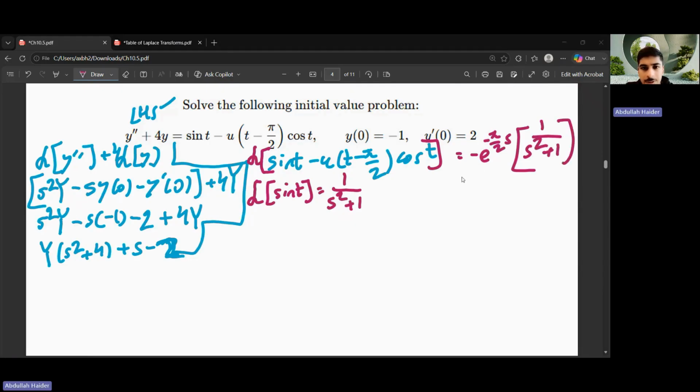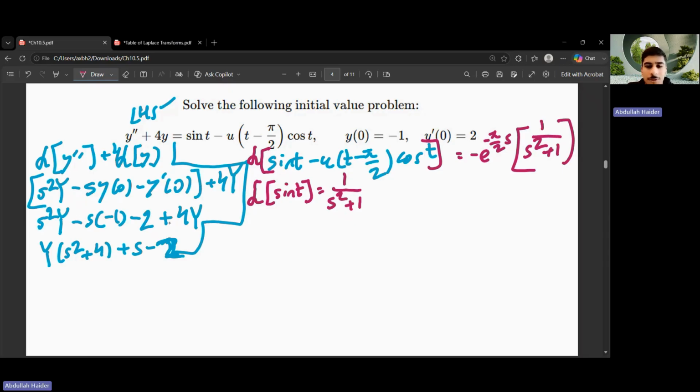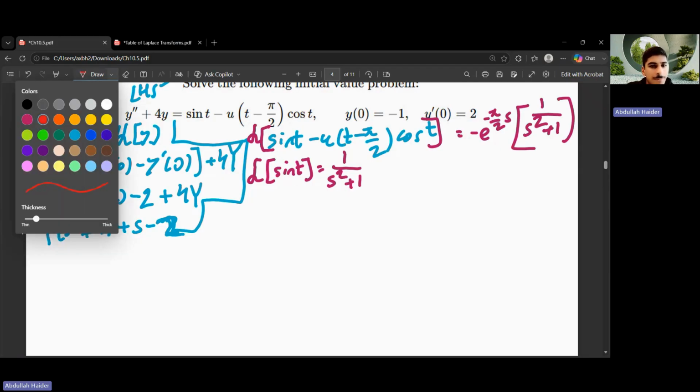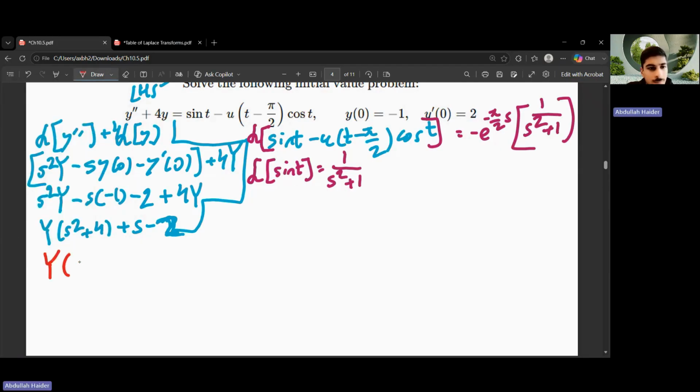Let me check if everything is good. Yes, correct. So now we rearrange everything into one main equation. Y times s squared plus 4 plus s minus 2 is equal to the Laplace of sine t, which is 1 over s squared plus 1.